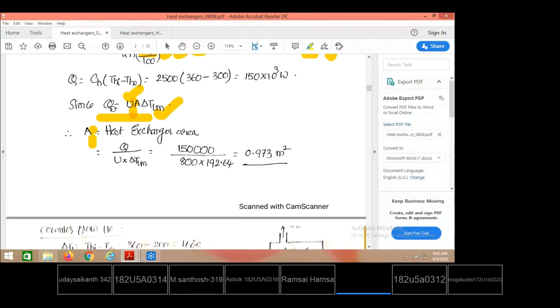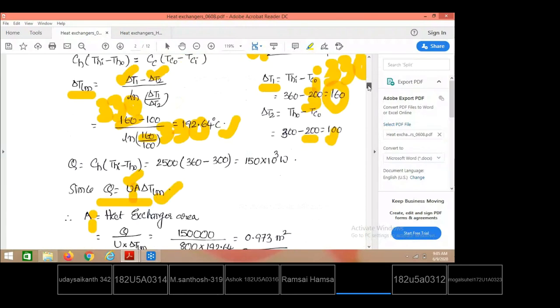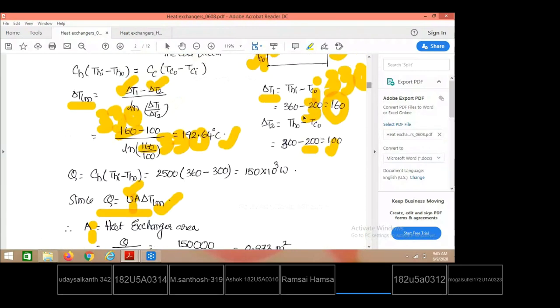How do you calculate the Q value? Q is the amount of heat either lost by the hot fluid or received by the cold fluid. We know the heat capacity of the hot fluid, and the hot fluid inlet and outlet temperatures. Therefore, Q equals the heat lost by the hot fluid, mH dot into CH, that is the heat capacity of the hot fluid, capital CH, into THI minus TH naught.